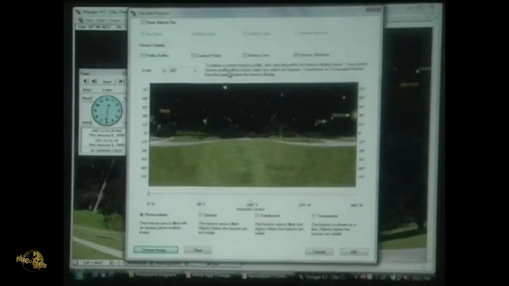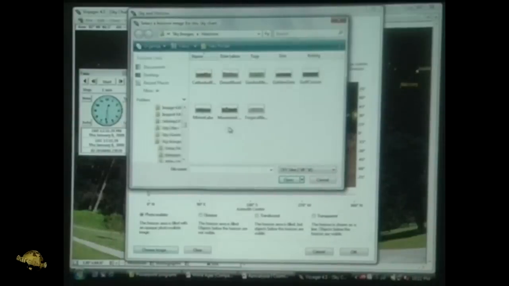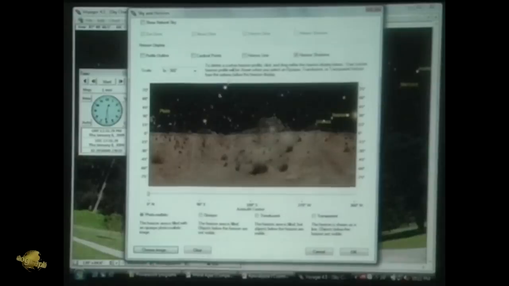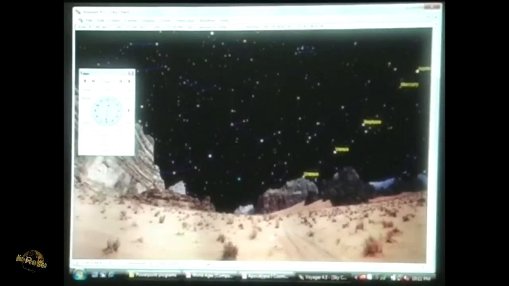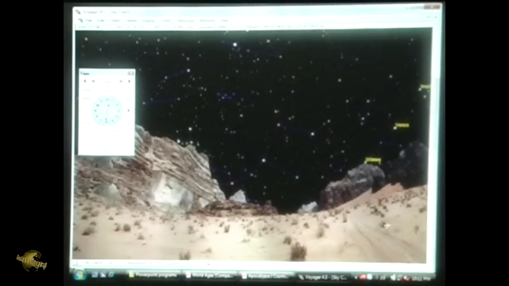I like the desert. Okay. Choose image. Desert road. Oh, they even got golf course up there. Okay. All right. So we're now in the desert, watching it rise.